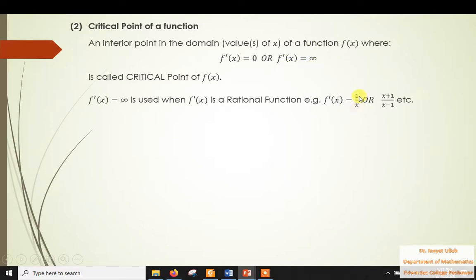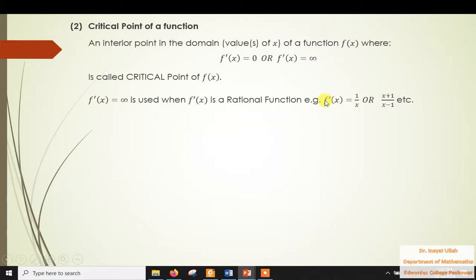So whenever there is a variable x in the denominator and this x is absent in numerator, then we will put only f prime x equal to infinity, not f prime x equal to 0. And whenever the variable x is in numerator as well as in denominator, then we'll take f prime x equal to 0 and f prime x equal to infinity.